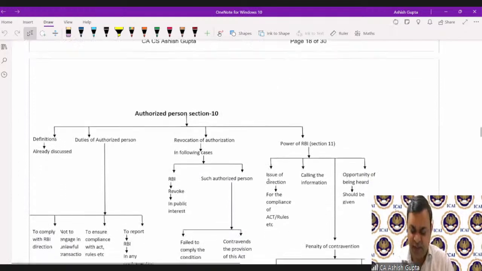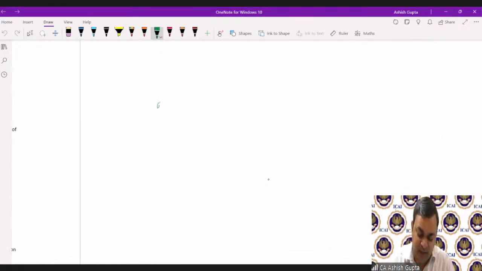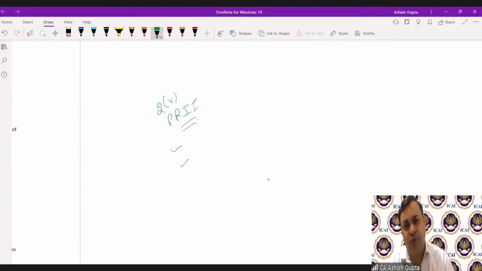Right? So that's all what we discussed, but there is an important definition. This is the most important definition, that is called person resident in India. If you want to identify whether Mr. A is a person resident in India or not, Mr. A needs to fulfill two conditions.